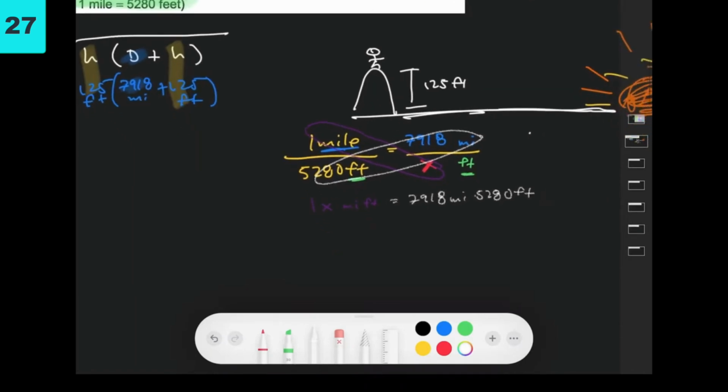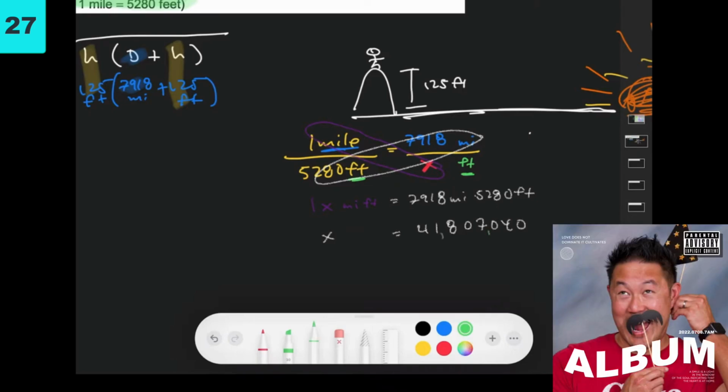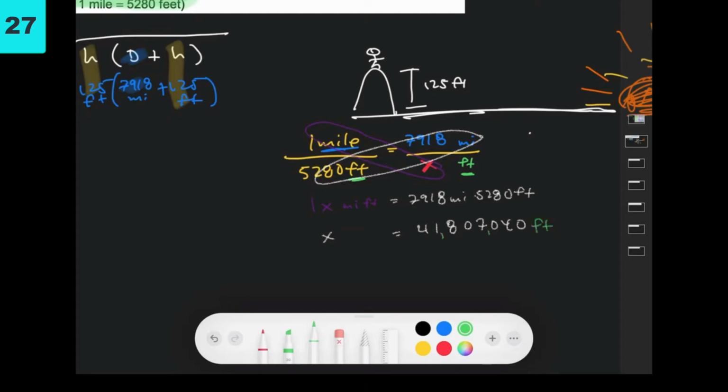Okay, so let's put that into our calculator. 7,918 times 5,280. Okay, it's going to give me some big amount here. 41,807,040. And basically you put a comma for every 3 digits. Okay, so this is how many feet.